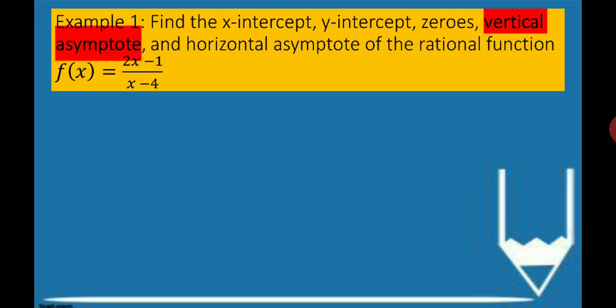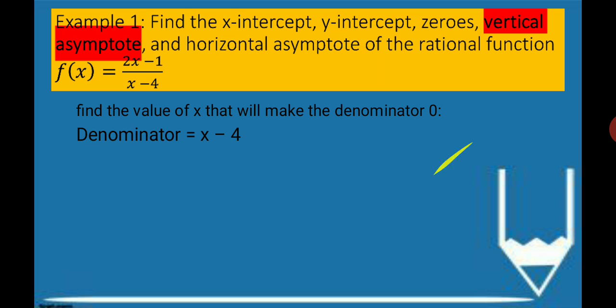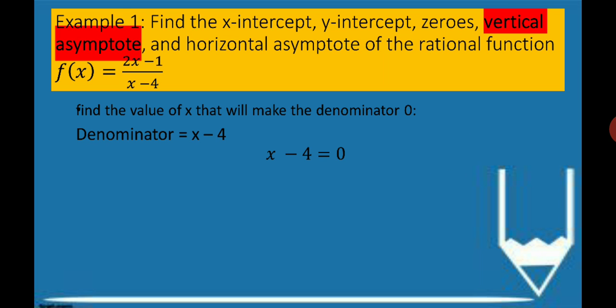Example: find the vertical asymptote and horizontal asymptote of the rational function. Again, same function, f of x equal to 2x minus 1 all over x minus 4. Since it is finding the value where the denominator is 0, we will be using the denominator, and the denominator is x minus 4. Just simply equate x minus 4 to 0, then solve for x. So x is equal to 4.